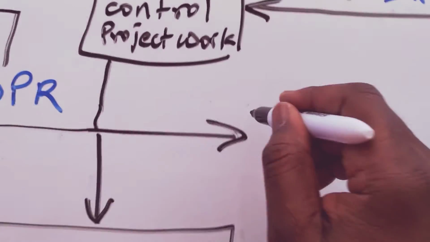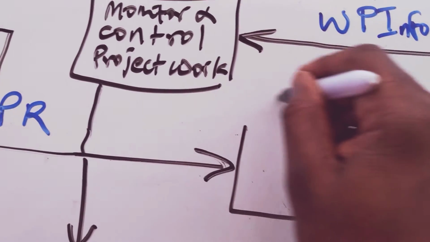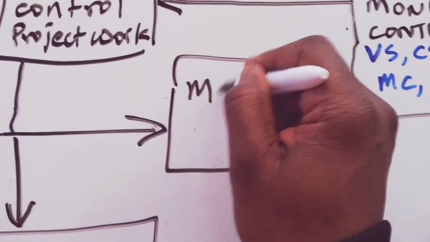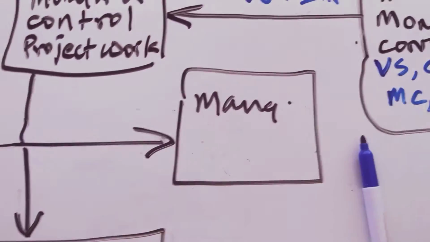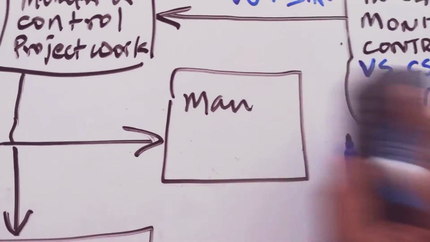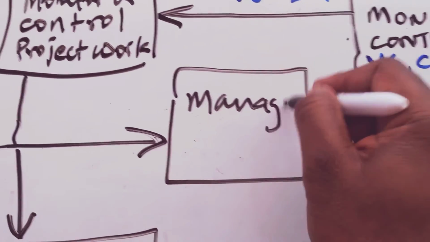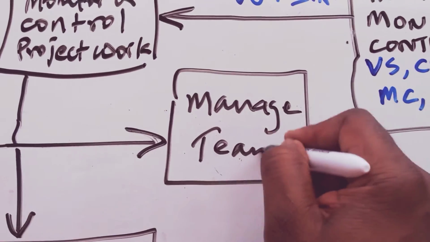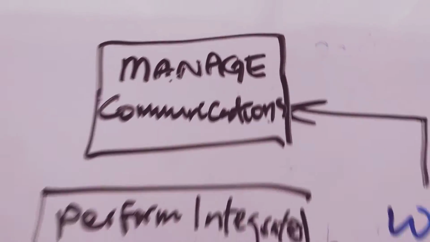And the last one is manage team. Get it? So WPR is going to manage communications, perform integrated change control, monitor risks, and manage team.